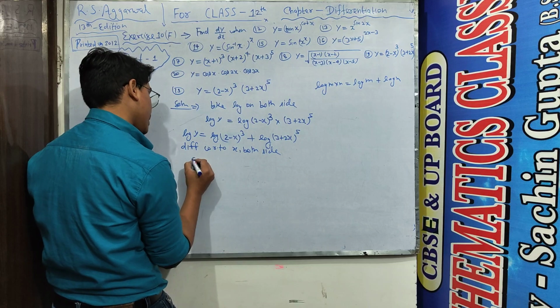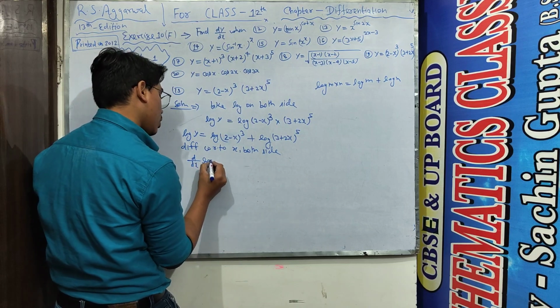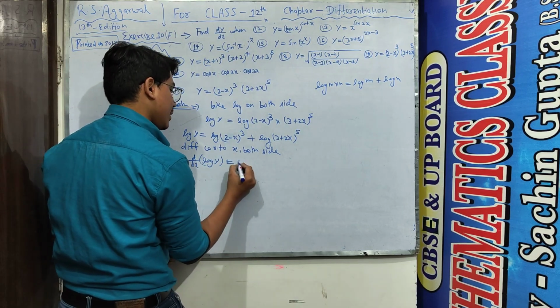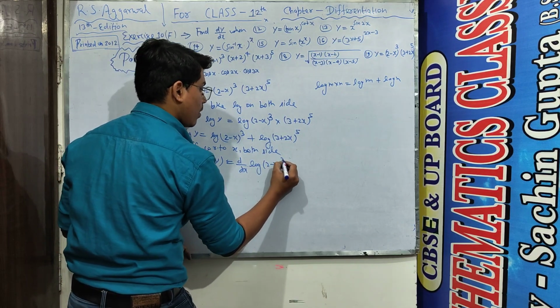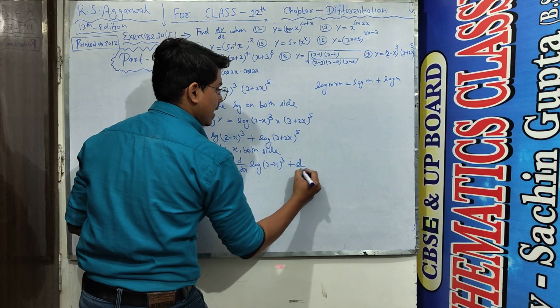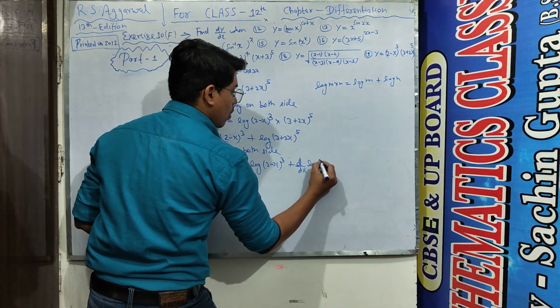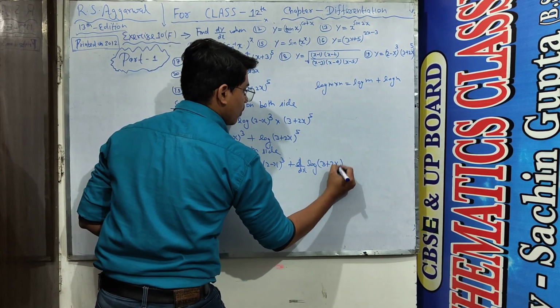So it gives d by dx of log y, and d by dx of log of (2 minus x) whole power 3, and d by dx of log (3 plus 2x) whole power 5.